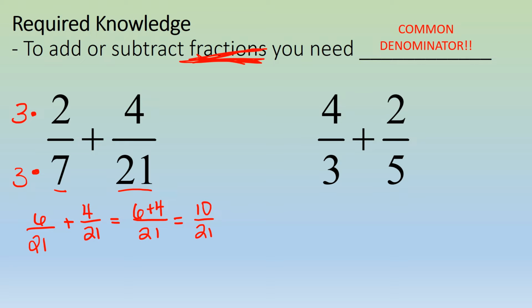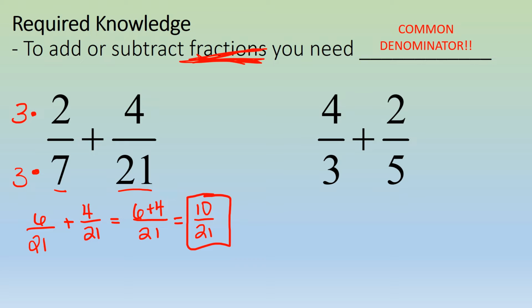Before we circle it and claim that we're done, we need to ask ourselves on every single step for all these problems, is this the simplest form? Yes. 10 over 21 cannot get any simpler. The factors of 10 are 2 and 5, 1 and 10, and the only one that they have in common with 21 is 1. So that means that we are done simplifying, and that's as good as that answer is going to get.